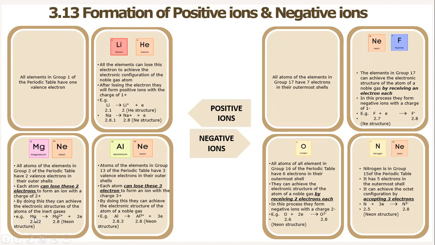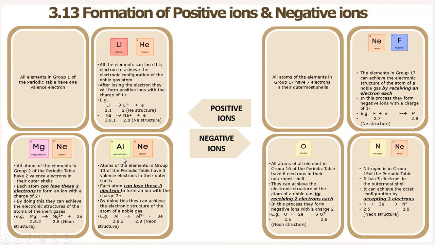The initial electronic configuration is 2.8.2, but after losing these two electrons, it forms an ion with a charge of 2 positive. You can see magnesium 2 positive has the electronic configuration 2.8. 2.8 is actually the neon structure.